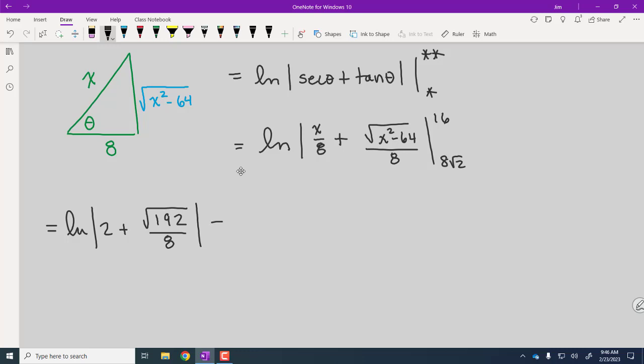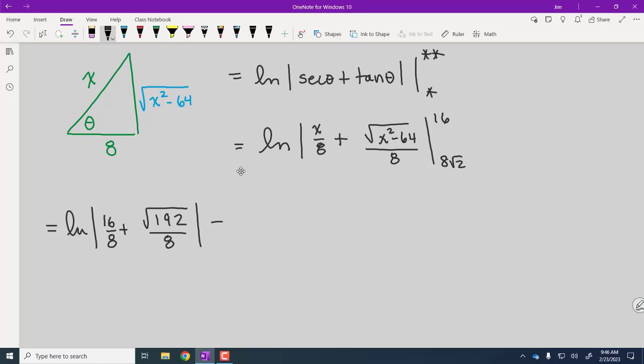And you know what I'm thinking is that maybe we shouldn't simplify this first term here. Maybe we should leave that as 16 over 8, because that 192 is not a perfect square, so there's no simplification that can happen here. So it might be useful to just keep that common denominator so that we can simplify later.